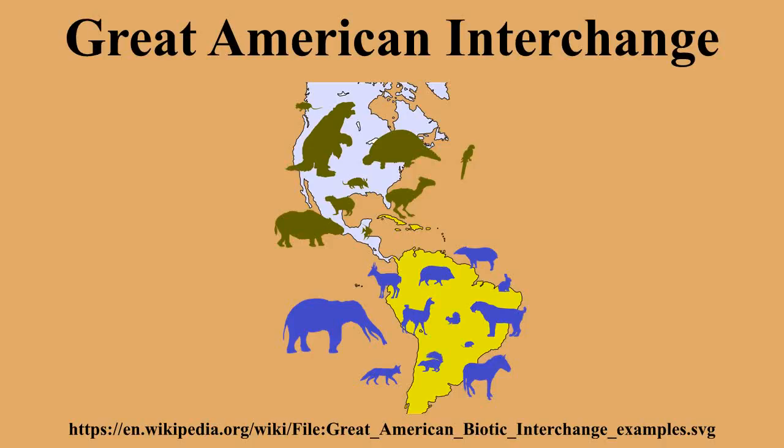Those that did become established were not able to diversify much. Southwardly migrating Holarctic species established themselves in larger numbers and diversified considerably more, and are thought to have caused the extinction of a large proportion of the South American fauna.